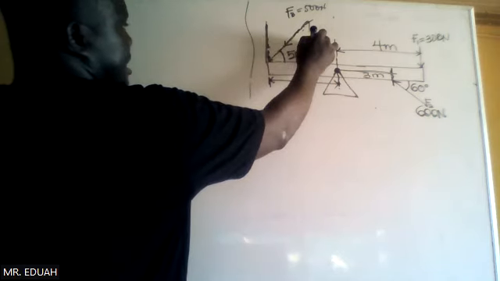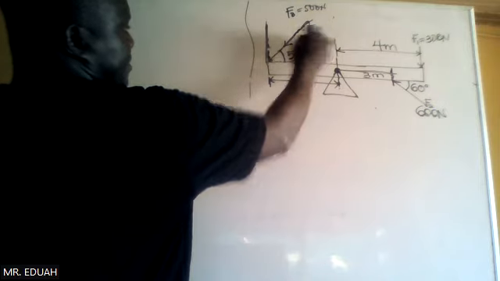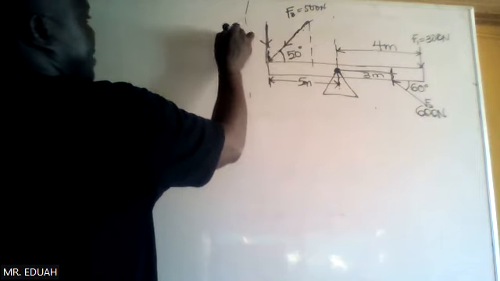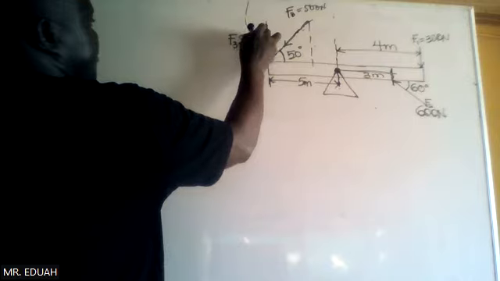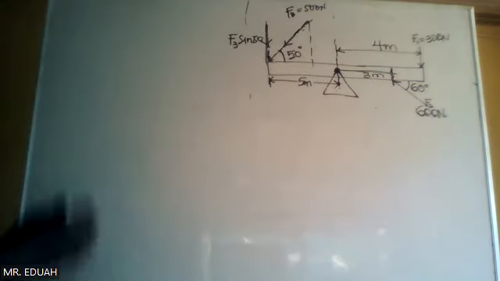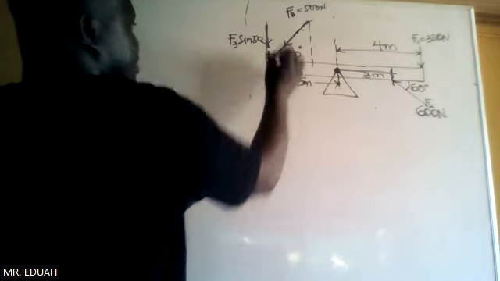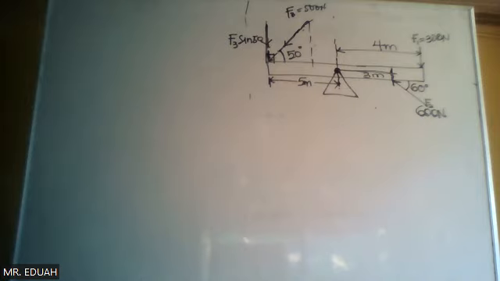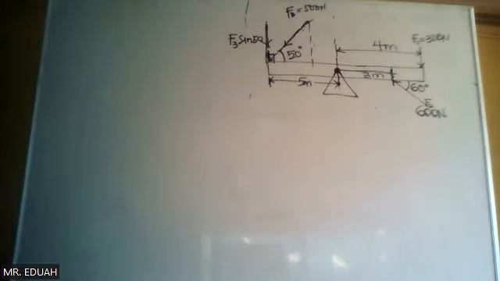So this will be F3 sine 50, and this vertical component will be perpendicular to the bar. Or another way to do the same thing.